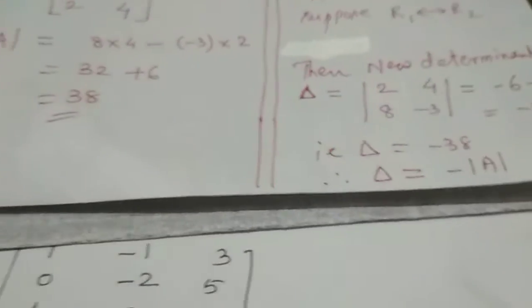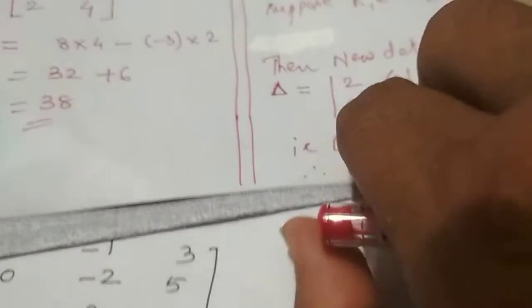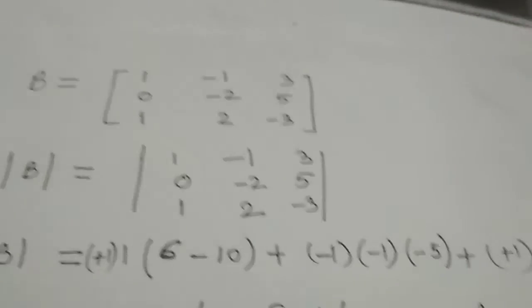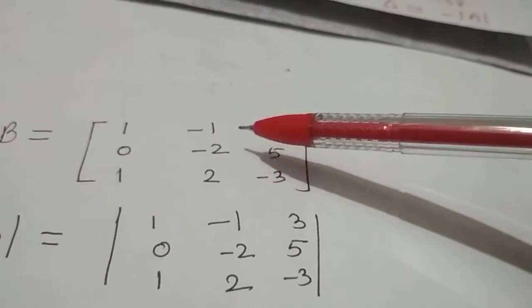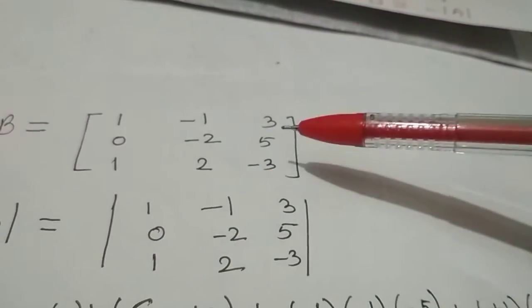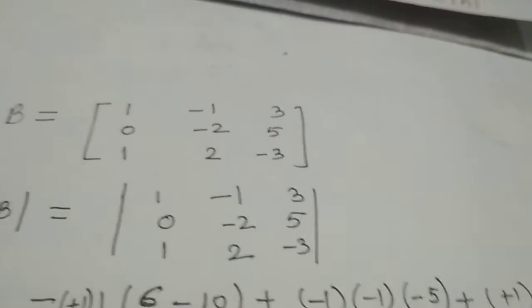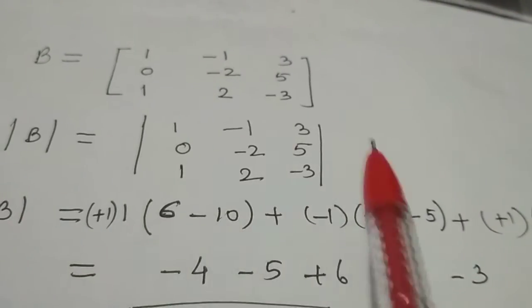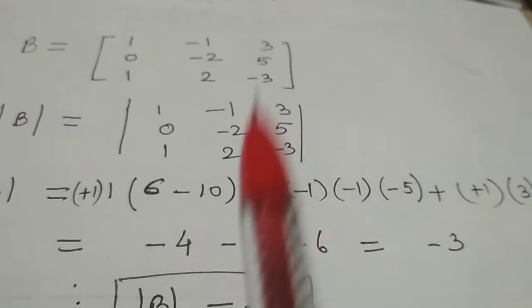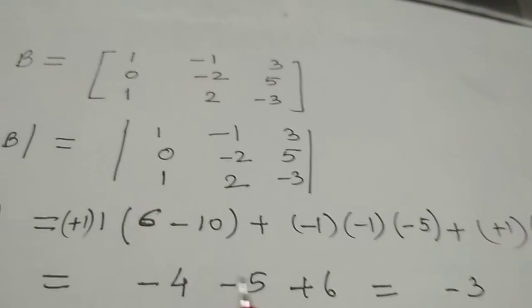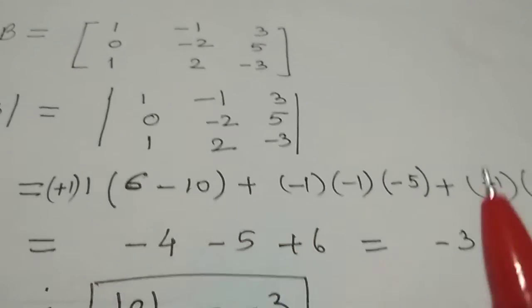Let us take another example. It's very important to support this with another example. So let us take another matrix: 1, minus 1, 3; 0, minus 2, 5; 1, 2, minus 3. The determinant of B we have calculated easily. You need to practice how to calculate the determinant along any row and any column.